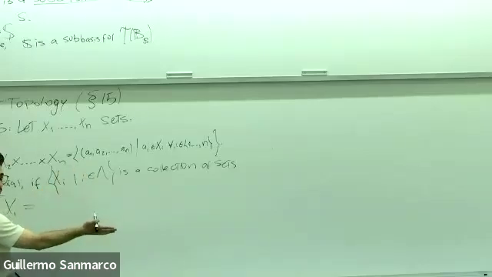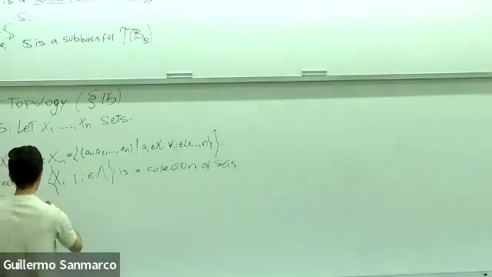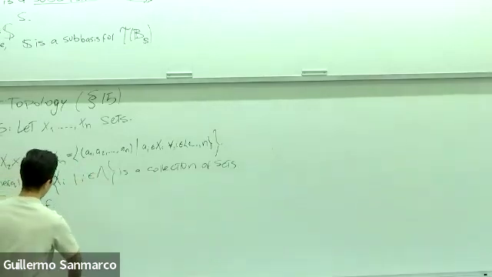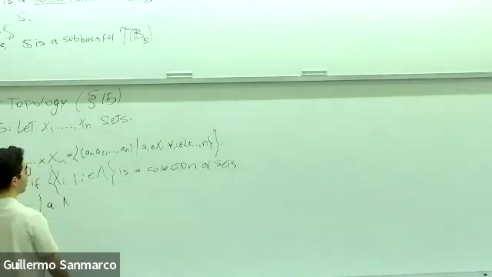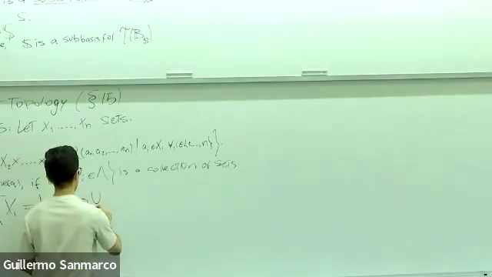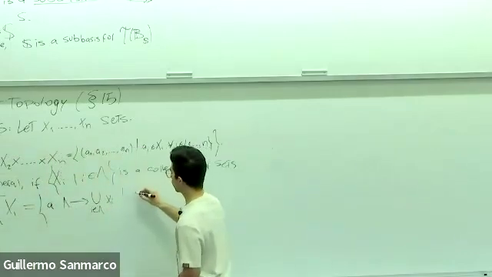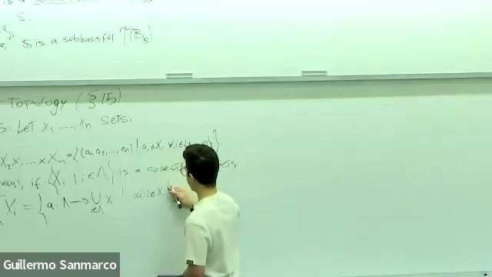Instead of a collection of tuples, I have no way of ordering Lambda, but I can always take functions. So it's going to be all functions, let's use A, from the index set to the union of the Xi's, but not all functions. I want A of i to be an element in the corresponding Xi.